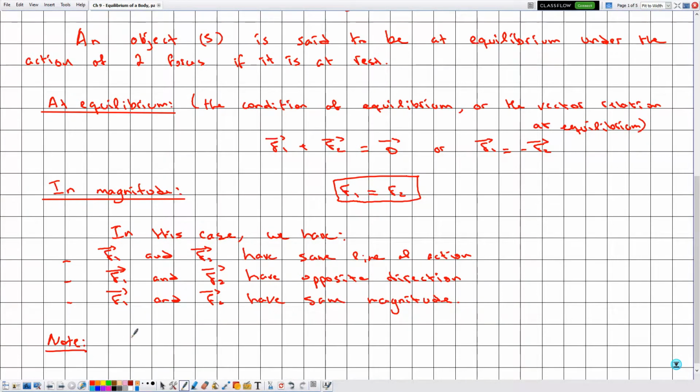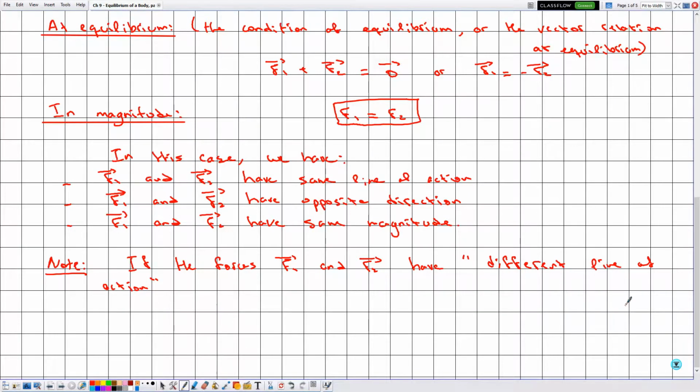So if the forces F1 and F2 have a different line of action, or not necessarily just a different line of action, but also a different direction, or even different magnitudes.